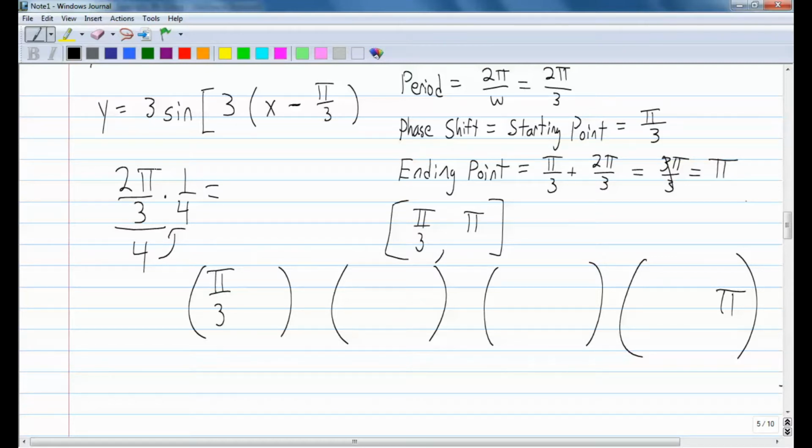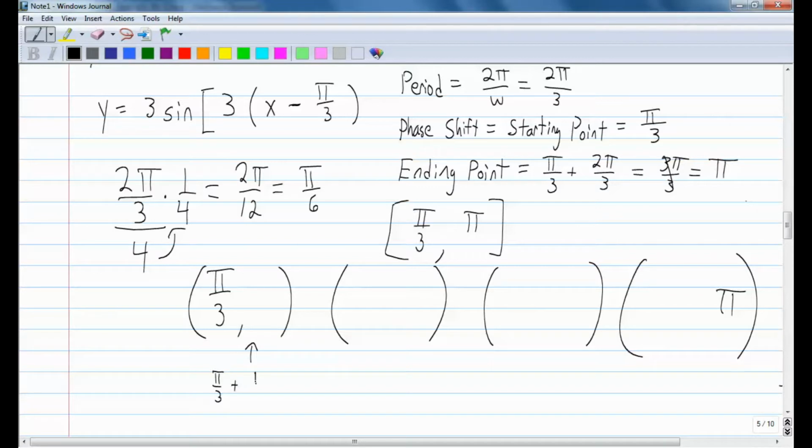Alright, so now this is 2 pi over 12, which reduces to pi over 6. Now, that is the increment, or the distance, that I want to add to my first significant point to get my next significant point.